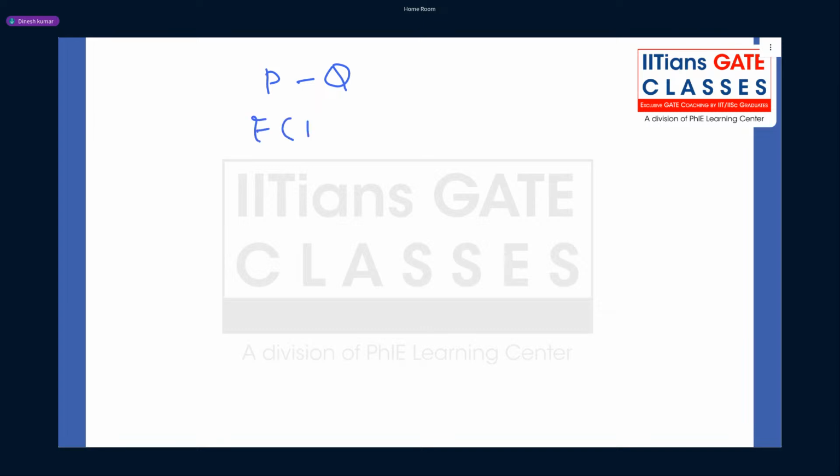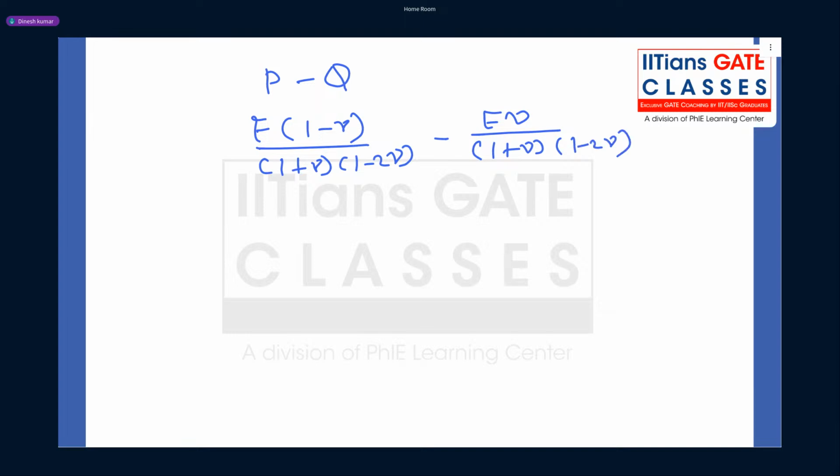P is E into 1 minus nu upon 1 plus nu into 1 minus 2 nu, and then minus E nu upon 1 plus nu into 1 minus 2 nu, right? This is P minus Q. So guys, simplify, what do we find?